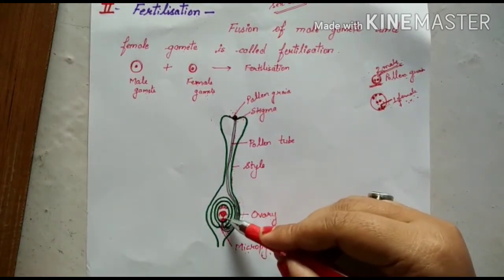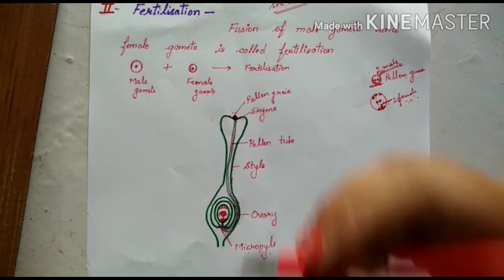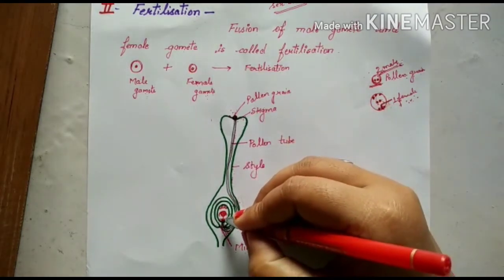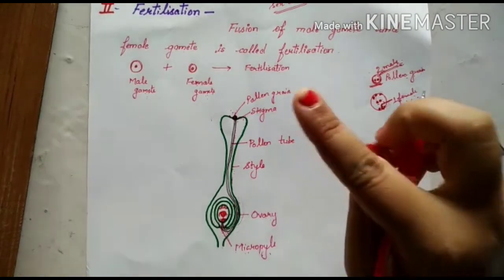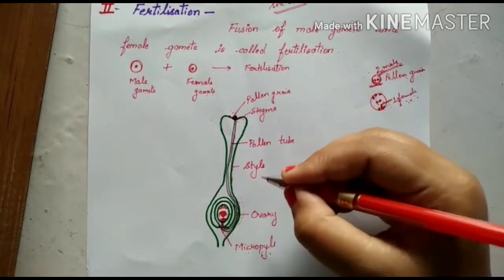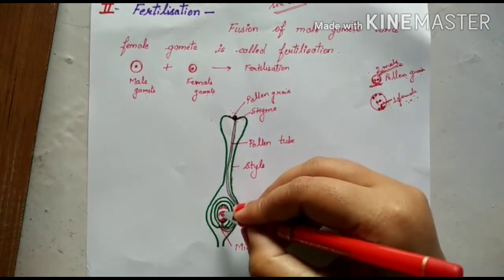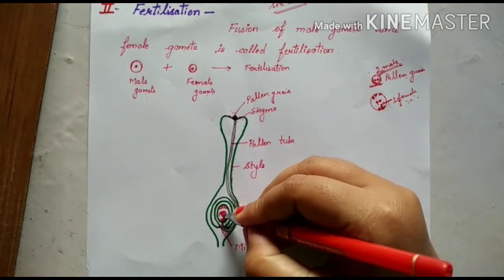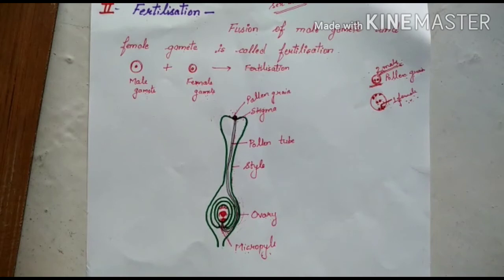The first male gamete fuses with the female gamete and forms the embryo plant, and when the second male gamete fuses with these 2 nuclei, it forms the endosperm.